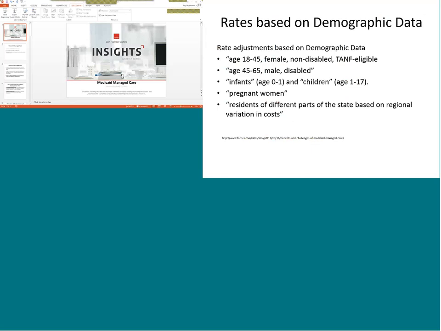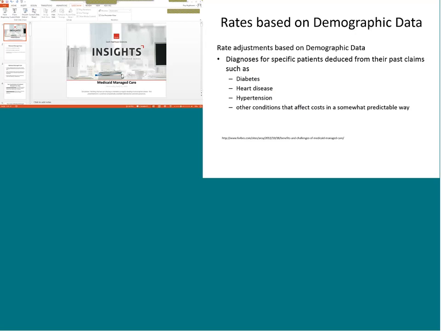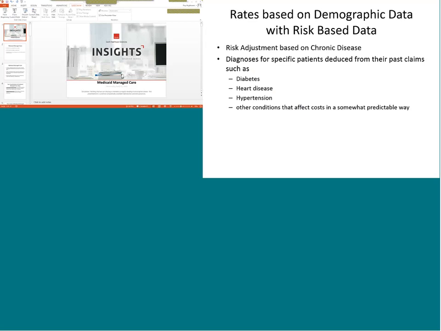Each one of these types of demographic information would require a different rate, and they pretty much stratify it based on these types of conditions. And that's combined with the risk base. If you take those age stratifications and the gender and then add diabetes or heart disease, the rates will coincide with those different categorizations.